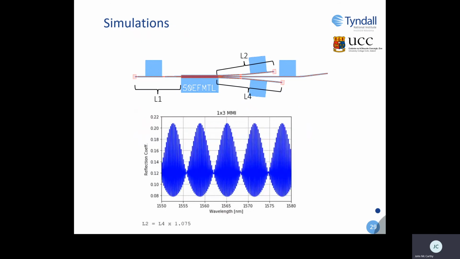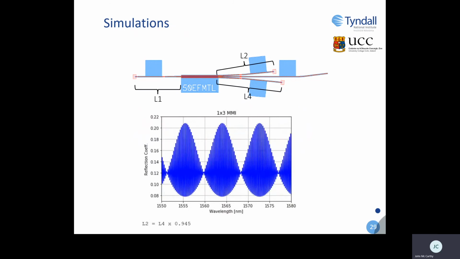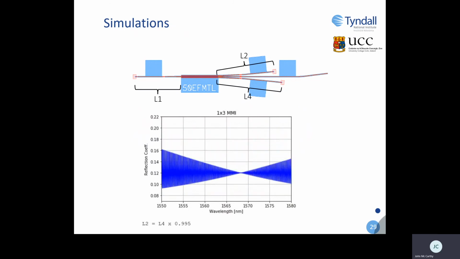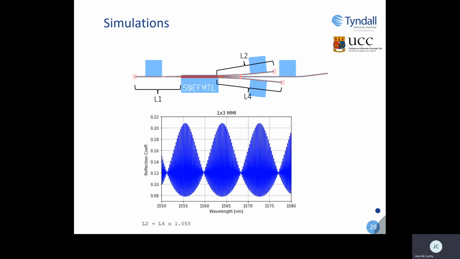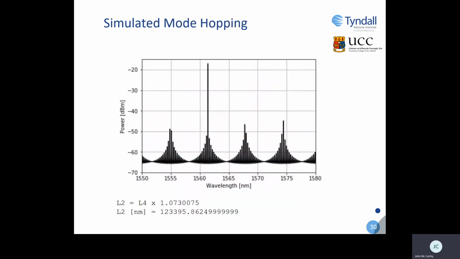So by just varying one, we'd already imagine we'll produce more wavelengths, as it would be more sensitive, and even more so if we vary both at the same time. This is the spectra in dBm. Once again, we attain significant mode hopping by just varying the length of one of the arms by a fraction of a nanometer.